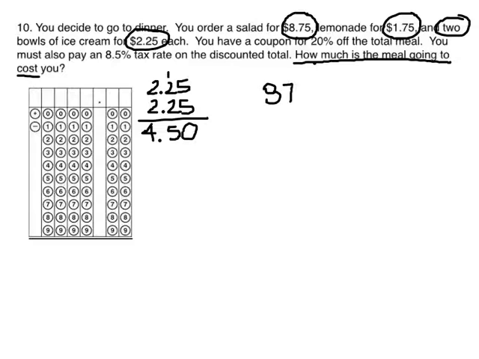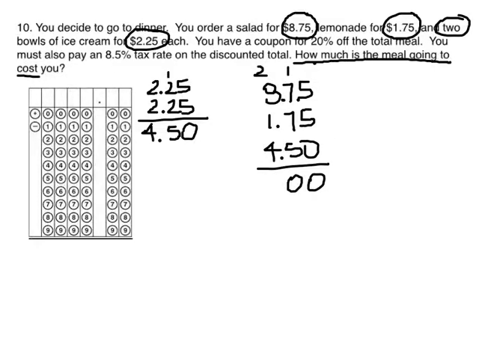Added to the salad, oopsies, it should be 8.75. 1.75 plus 2 bowls of ice cream. 5 plus 5 is 10. 7 plus 7 is 14. Plus 1 is 15. Plus 5 is 20. 8, 9, 10, 11. Plus 4 is 15. So $15 is going to be the subtotal.